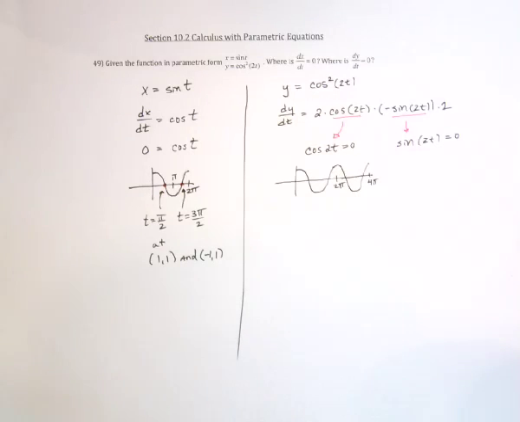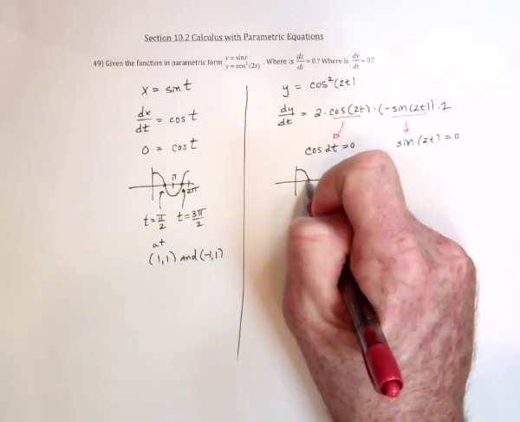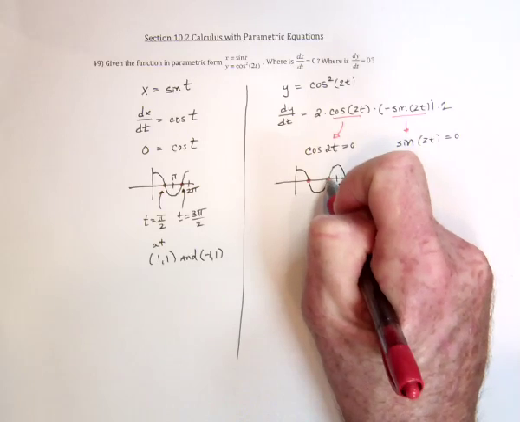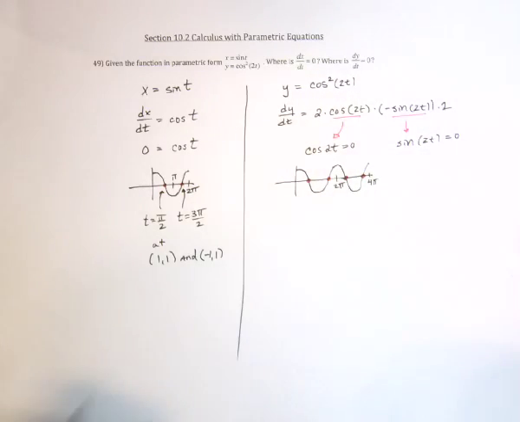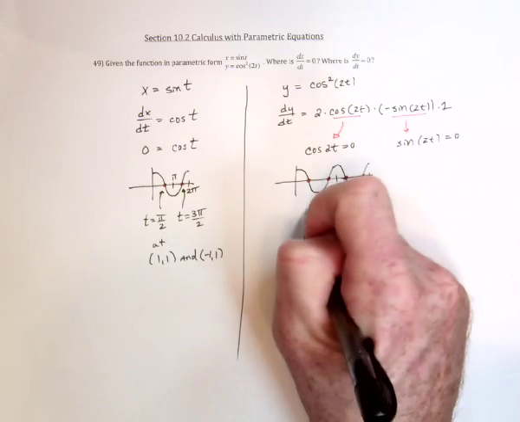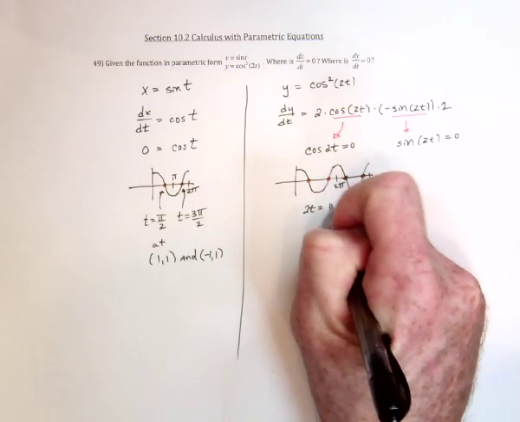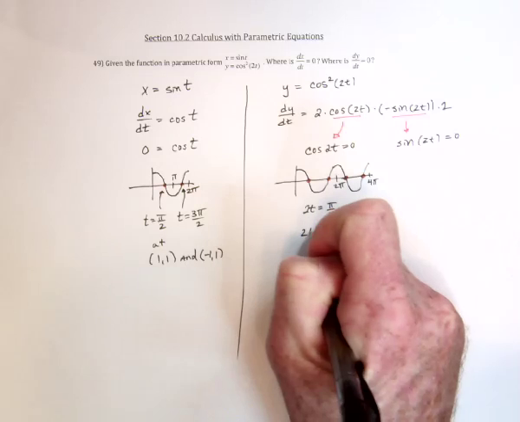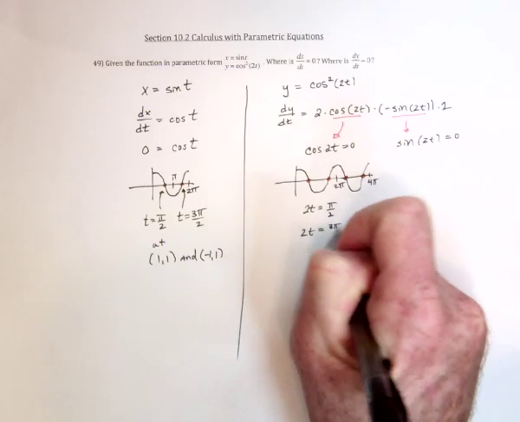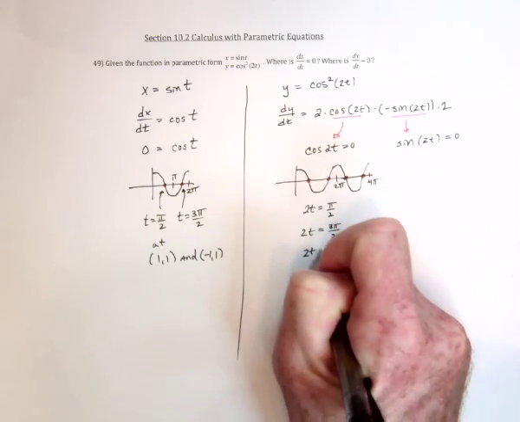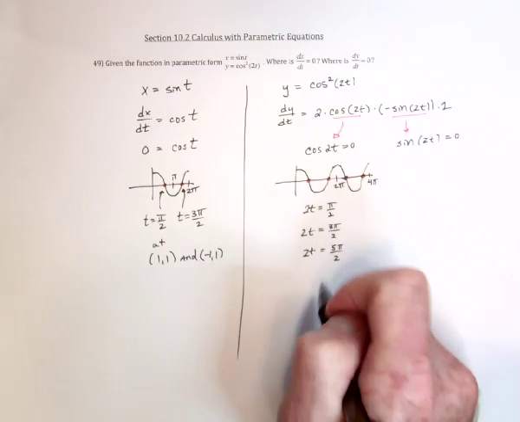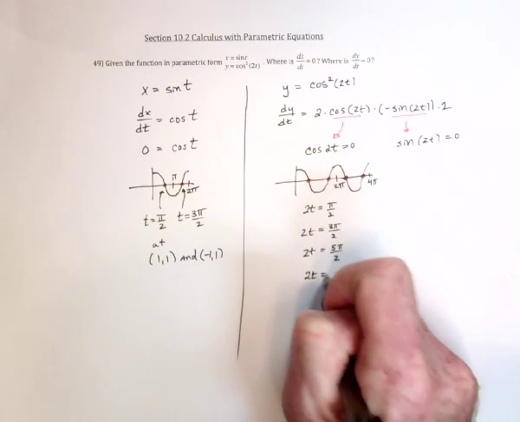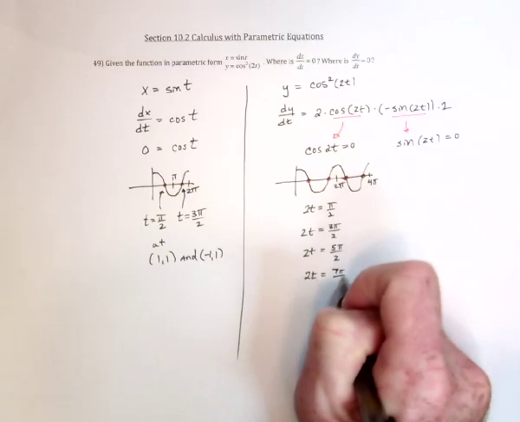So follow cosine out for 2 cycles. And then where is it equal to 0? So we've got pi over 2, 3 pi over 2, 5 pi over 2, 7 pi over 2. And those are all for 2t equals pi over 2, 2t equals 3 pi over 2, 2t equals the next odd number, 5 pi over 2, and then 2t equals 7 pi over 2.